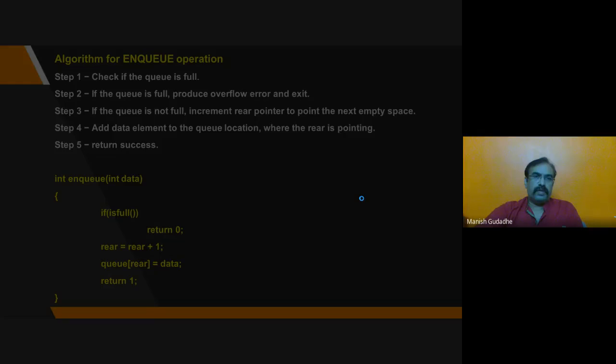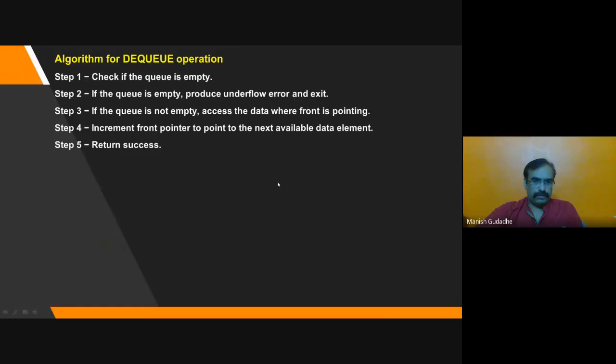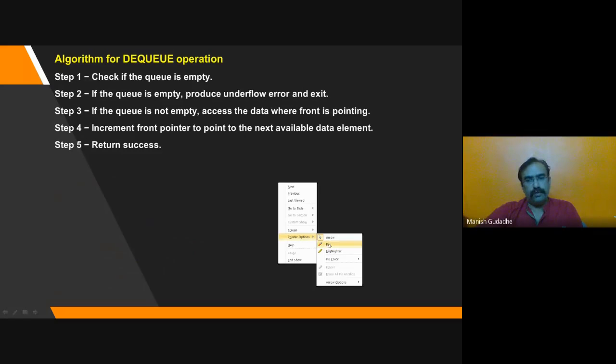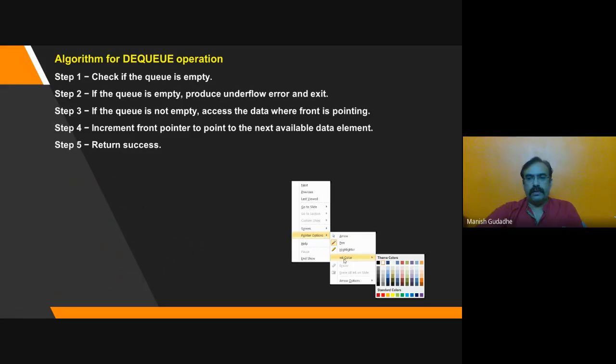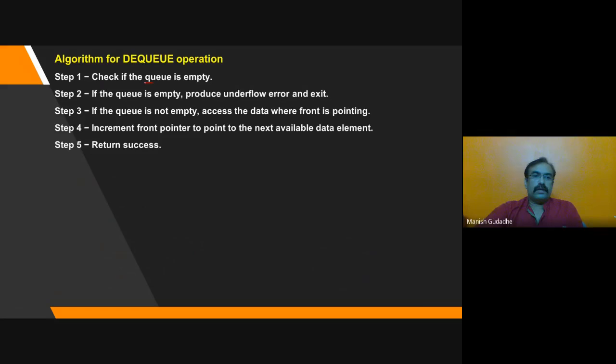And reverse will be the case when we delete some element from a queue. So a dequeue operation is a removal of an element from the queue. For that purpose, we first check whether the queue is empty or not. If the queue is empty, we cannot delete any element, and we are going to print an error. But if the queue is not empty, access the data where front is pointing. Front is pointing to the first element of the array.